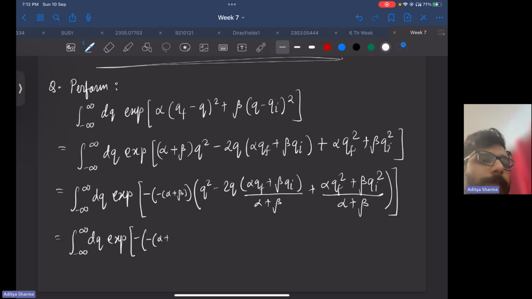This is something which is used to find the free particle kernel, and last time I just stated the result, so that is why I'm doing it again.